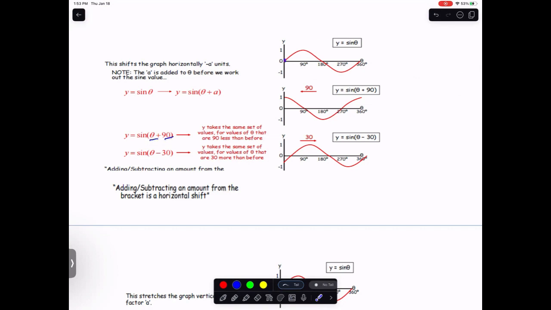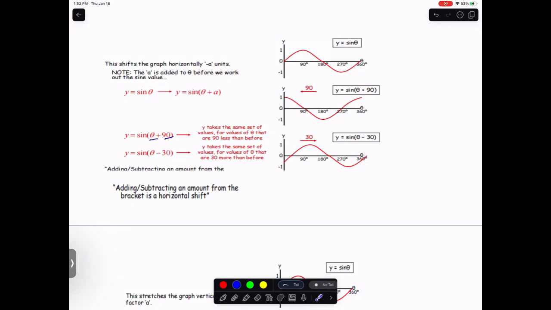So your y will take the same set of values for any value less than 90 degrees. But for values greater than 90 degrees, you will see your sine graph moving this way. So that is when you have sine theta plus 90. Then what if you are subtracting, sine theta minus any given value?